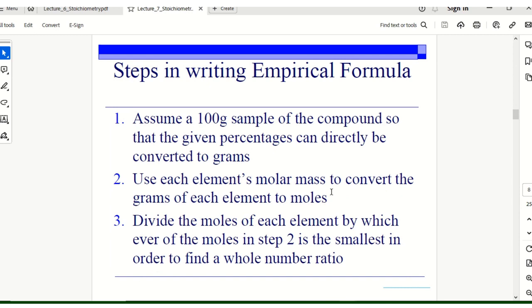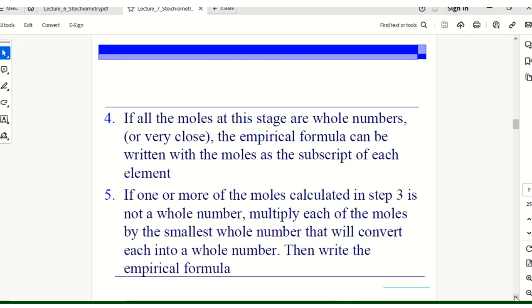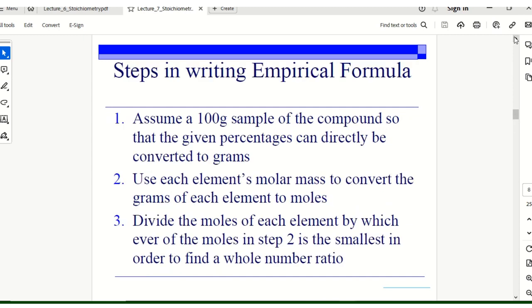Here it is. So these are steps of writing empirical formulas. You just follow these steps and you're good to go.